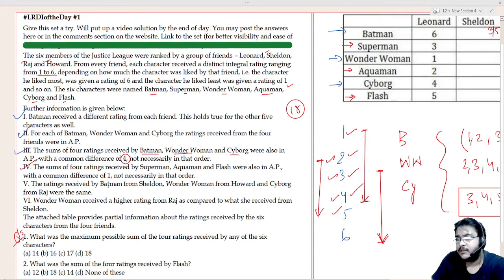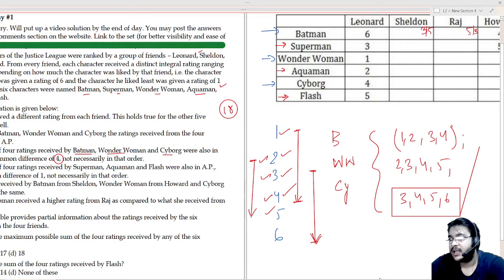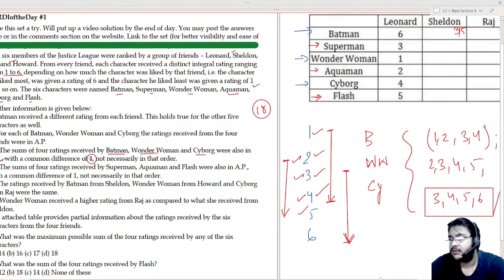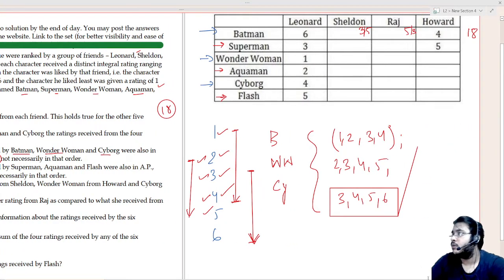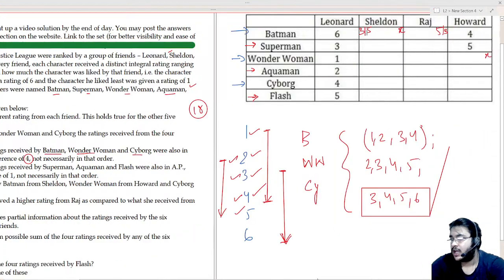The rating received by Batman from Sheldon, Wonder Woman from Howard and Cyborg from Raj were the same. Now what I can see now is Batman from Sheldon, Wonder Woman from Howard, which is this one, and I have to remember this is 3 and 5, and the last one I think Cyborg from Raj.